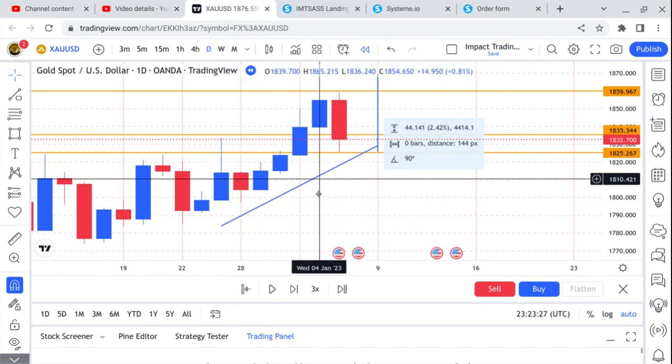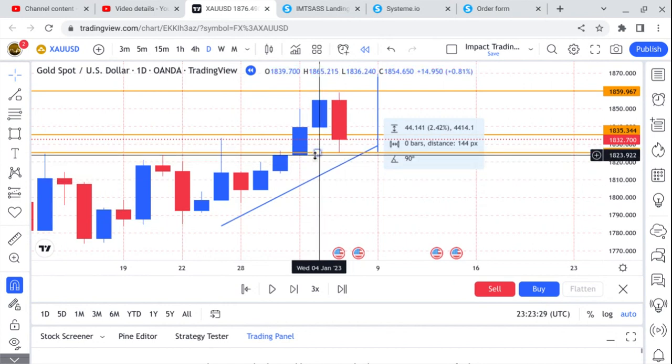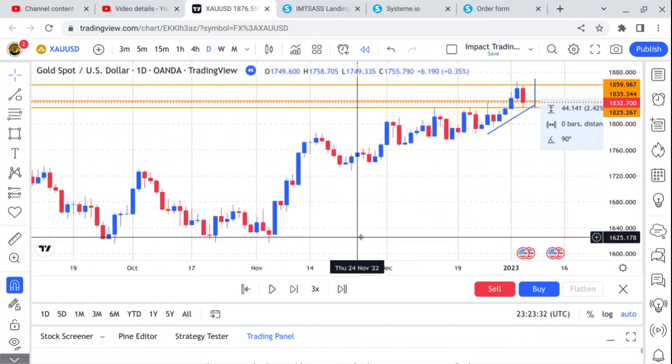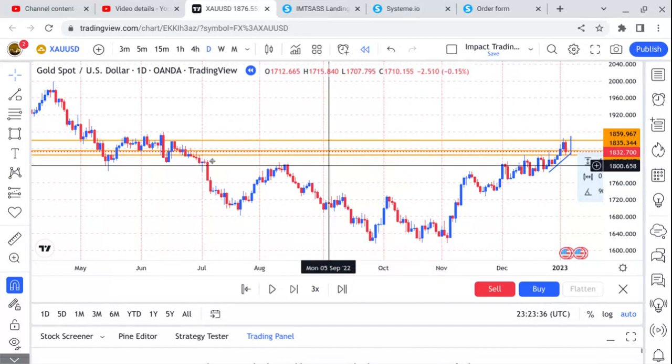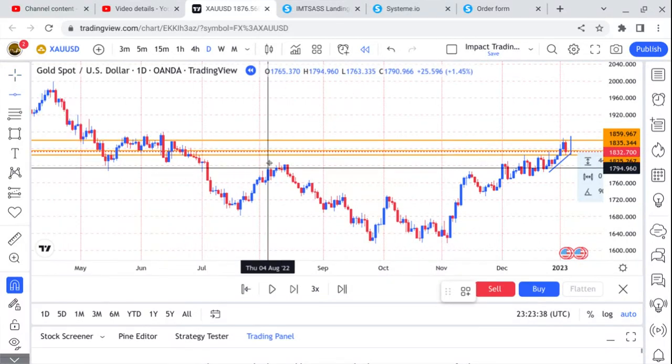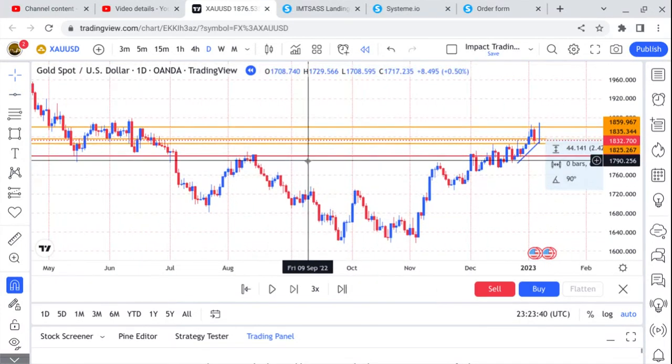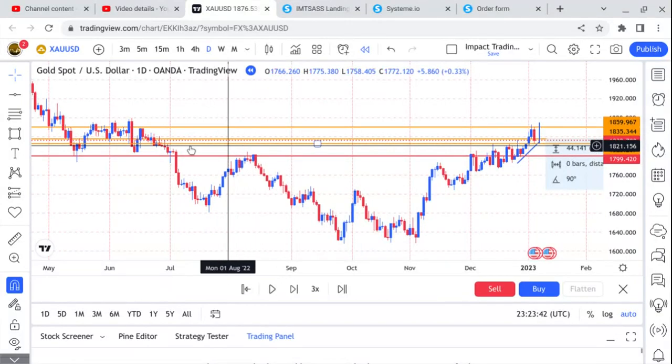But this looks like an area of great support. And if you scroll out on the chart, we are in a major uptrend. This would be a great area of support.